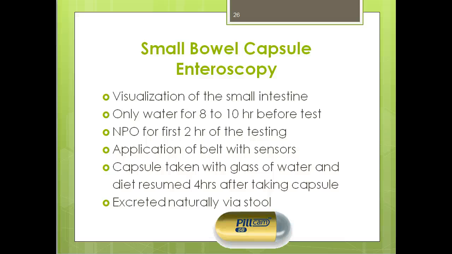So that's all you can take is water, and they're NPO for the first 2 hours of the testing, with application of a belt with sensors, and the capsule is usually taken with a glass of water, and diet resumed 4 hours after taking the capsule. Then usually you just excrete the capsule naturally when you use the toilet.